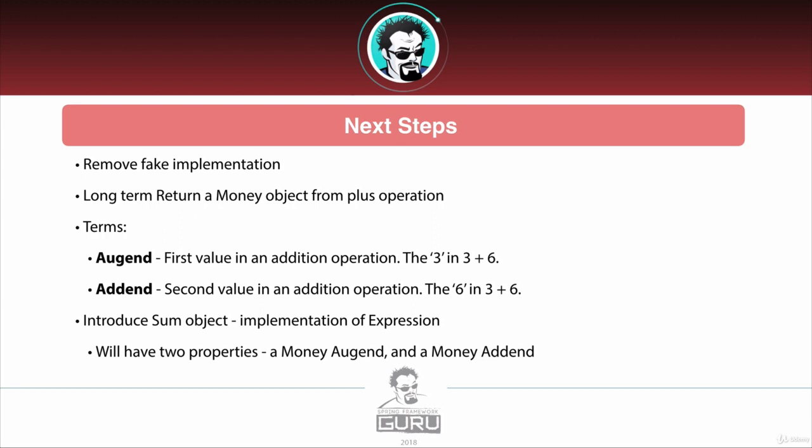We are going to be using those terms in a sum object, where we are going to create an object that's going to implement expression, and that's going to have two properties. So we'll have a money object as the augend, and then another money object as the addend, and that's kind of like breaking down the object of an addition operation into an object-oriented model.